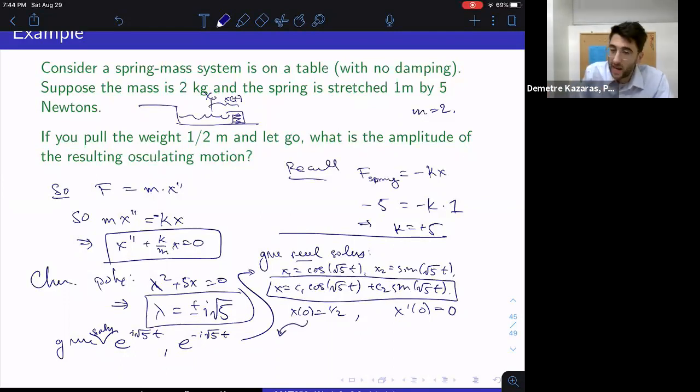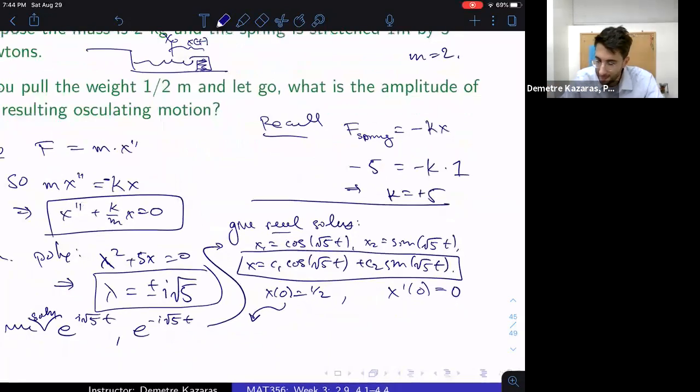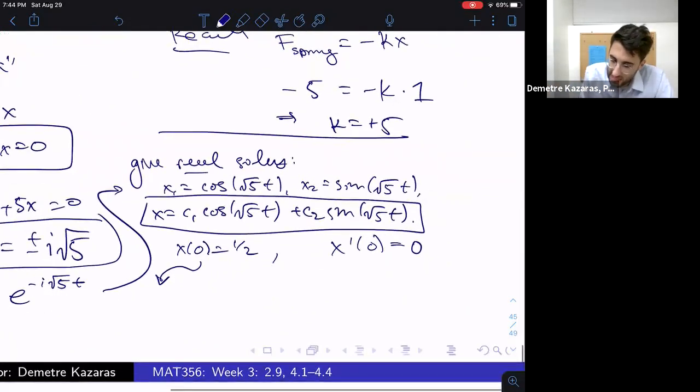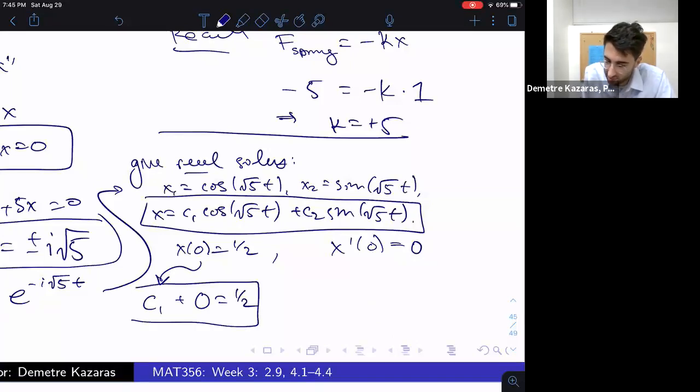Okay, so x at 0, let's plug in 0 for t. Cosine of 0 is 1, so we get C1, and sine at 0 is 0, so you get nothing there. Right off the bat, that tells me that C1 is a half. Very nice.